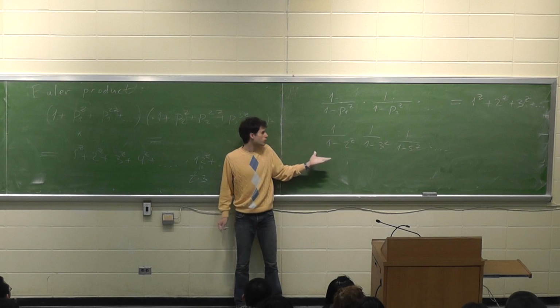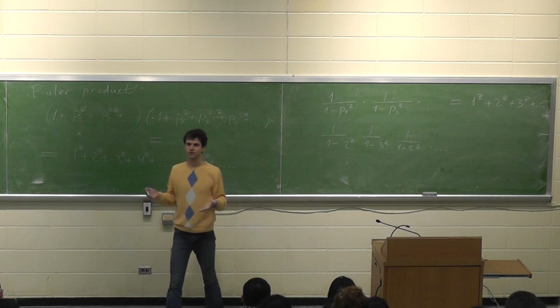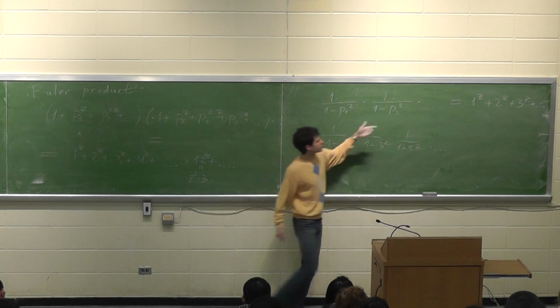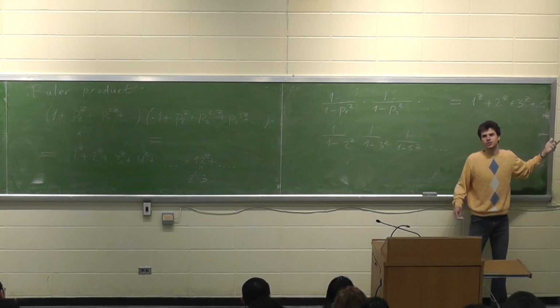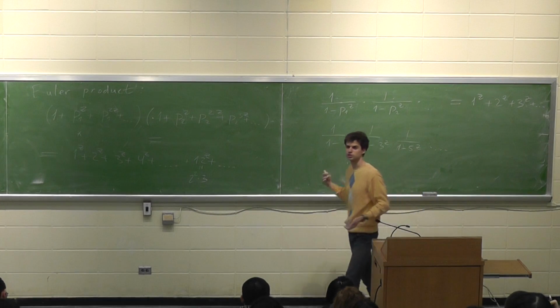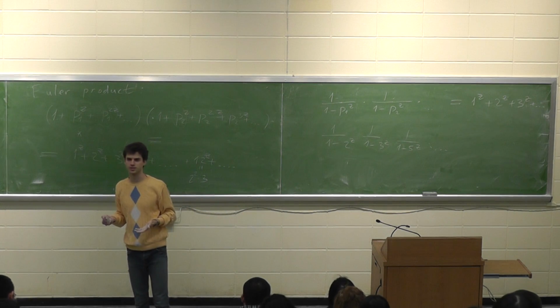How large the left-hand side is depends on how many prime numbers there are, so it is related to prime numbers somehow. The right-hand side is just a function, a sum of powers of 1 to the power z, 2 to the power z, and so on. You can try to investigate it using usual calculus.